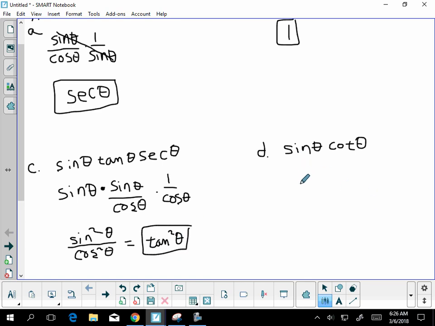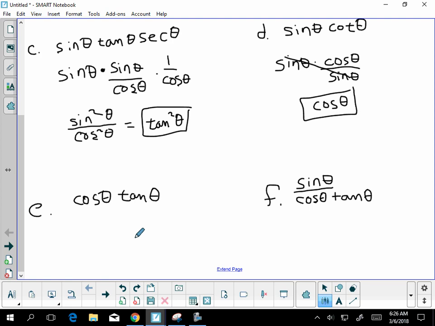Letter D, let's put everything in terms of sine and cosine. So we'll leave that alone. Sine theta. Cotangent is cosine over sine. The sines cancel, and I'm left with just cosine theta.